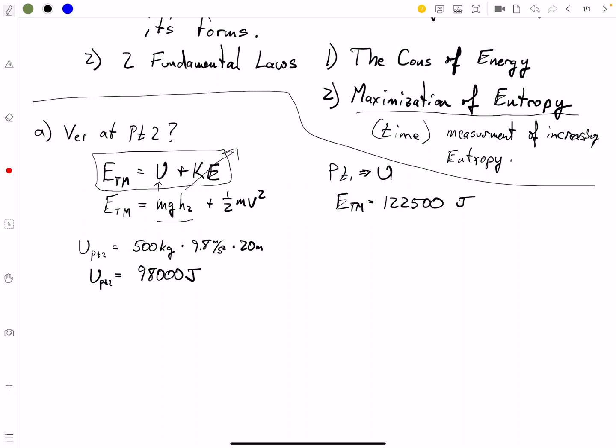Okay, so what does that leave us if we want to solve for KE? Then, of course, we've got our total mechanical energy minus our potential energy at point 2, and this is point 2.